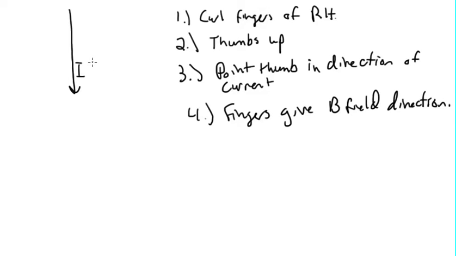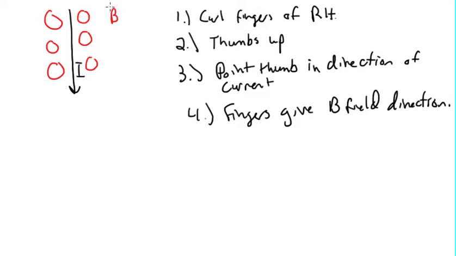Okay, so if we did this here, we would curl our fingers and point our thumb in the direction of the current, so it's towards the bottom of the screen. And now if we look at where our fingers are curled and we draw the B field, then we see as we rotate our hand that we're going to have B field on both sides.